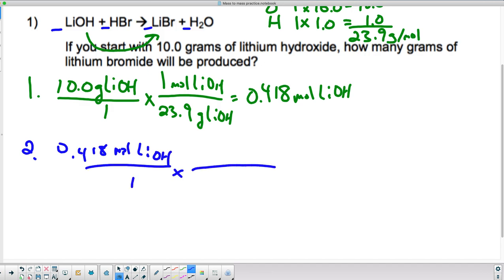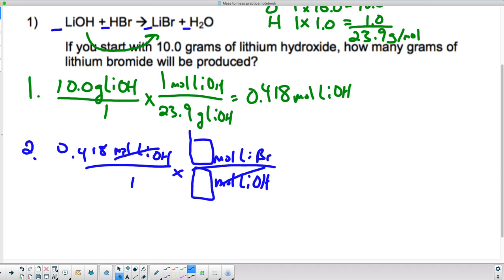Now I'm going to change that to moles of lithium bromide. It goes on top, and moles of lithium hydroxide goes on the bottom. And the reason why I did that is so that I can cancel moles of lithium hydroxide with moles of lithium hydroxide. Now, this part right here and this part right here is all about the coefficients that are in front of these compounds in the equation.